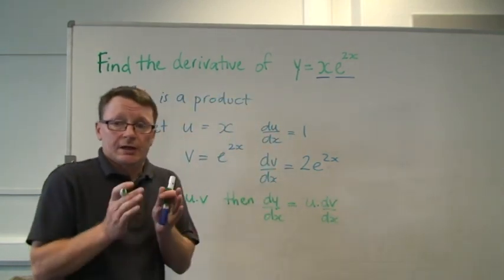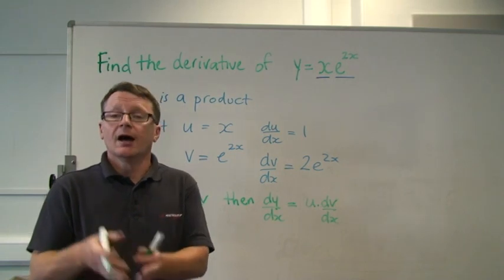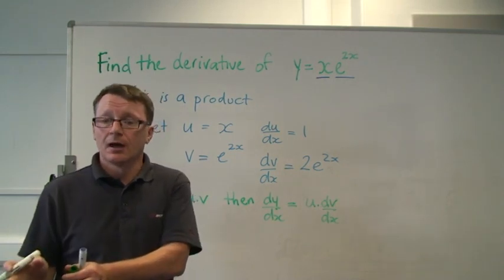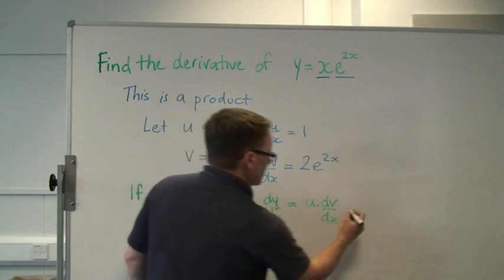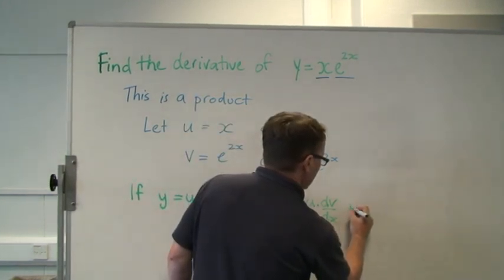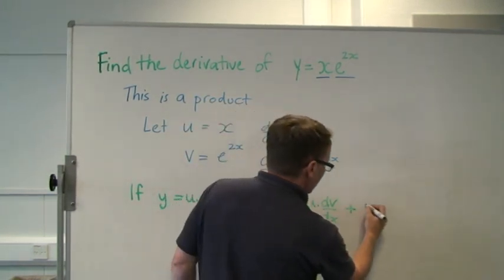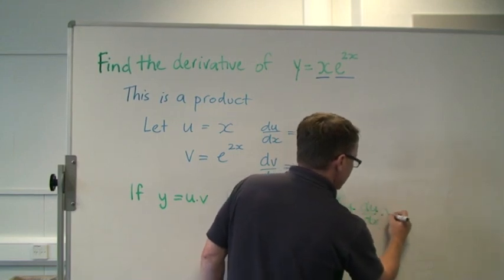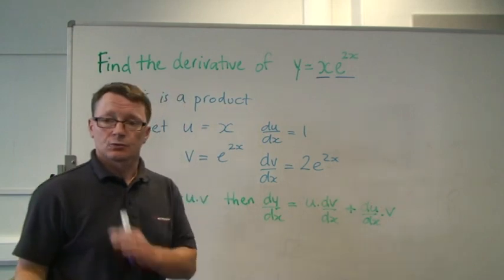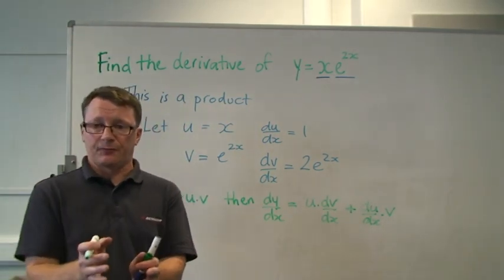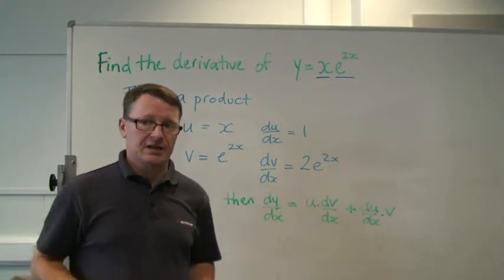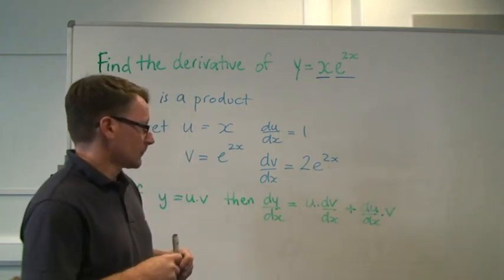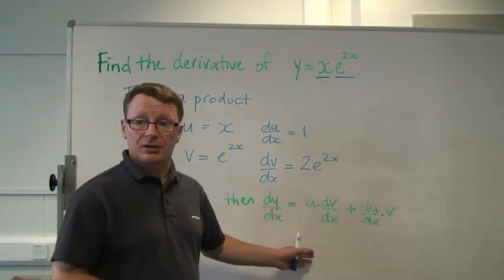In other words, we leave the first part of the product alone and differentiate the second part, and then we add on, pen's not working, add on du by dx times v. So we switch over the rules. We differentiate the first part and we leave the second part alone. So there's the formula that we need to use.